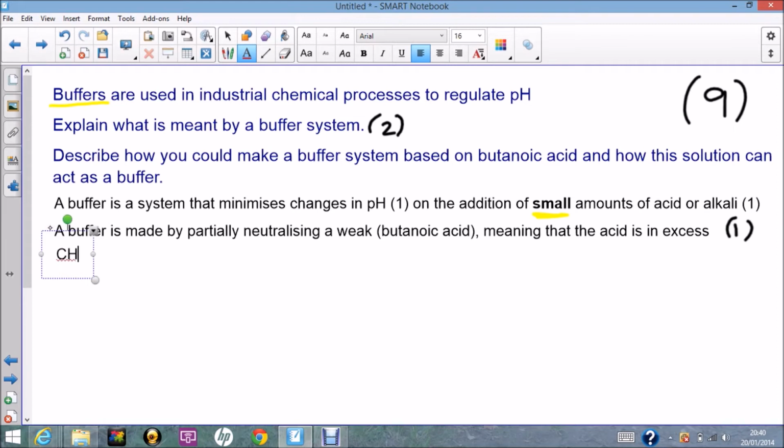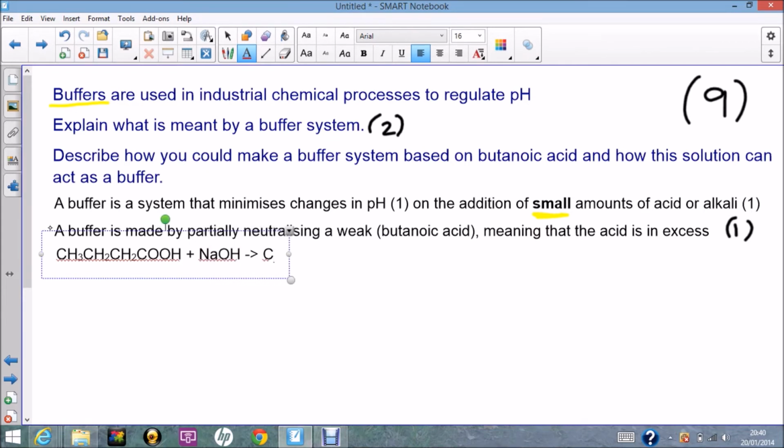So if I start with butanoic acid, first thing is, really make sure that you're using the correct acid in question. So many people are so used to practicing with ethanoic acid that they don't actually use the one that's been spoken about in the question. I can use any base I want to neutralise this. I'm going to choose sodium hydroxide.